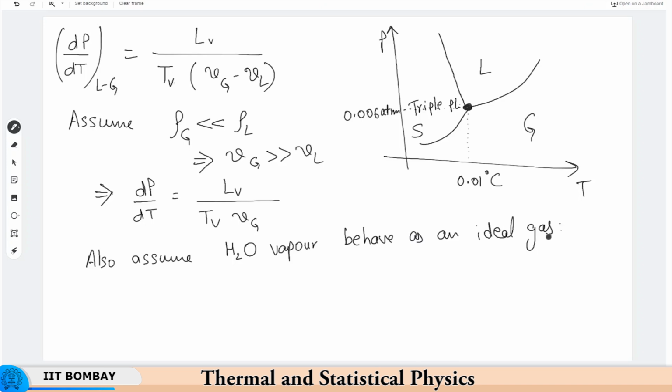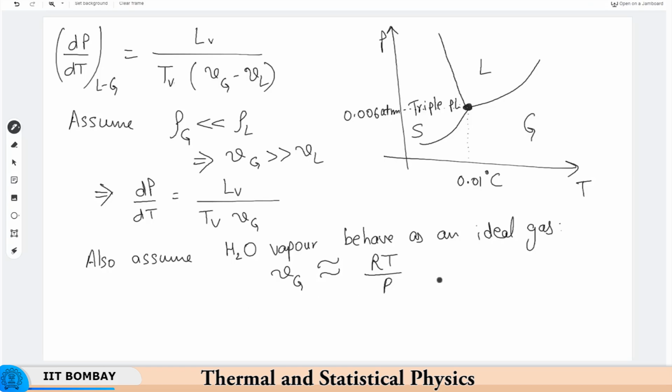Under this simple approximation, we can write the specific volume as RT divided by P. Of course there will be a term of mass, but I am ignoring all that, because this is specific volume, volume per unit mass.